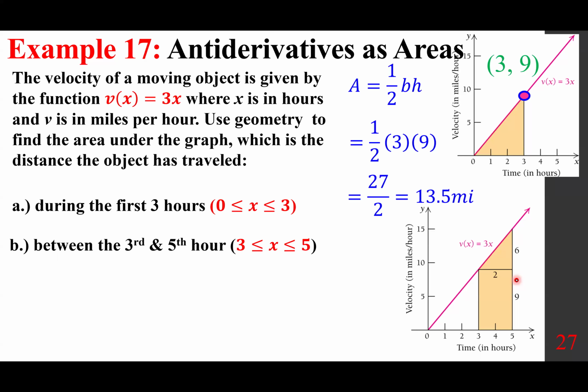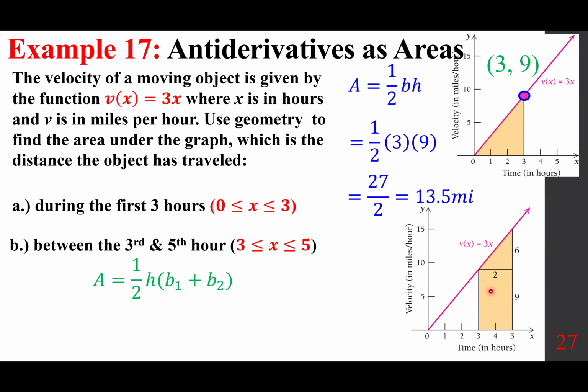Meaning half of base times the height. The base is 5, and then 3 times 5 is 15. Subtract this amount, you already have it. Or just recognize this one as a trapezoid. And the base, the small one is this one, the large one is this one, the height is this one.